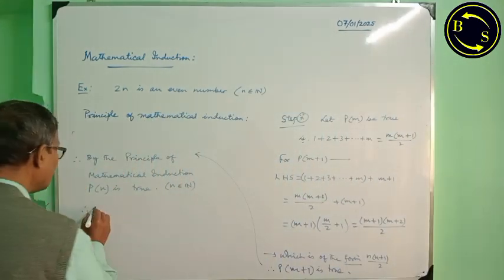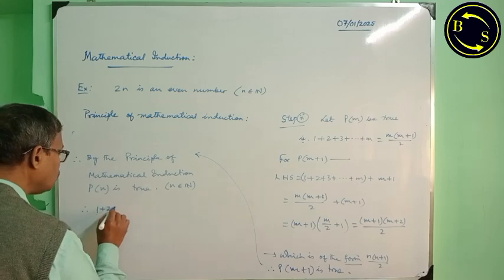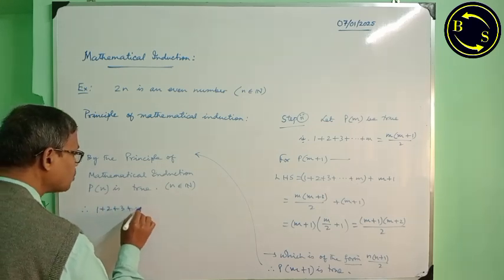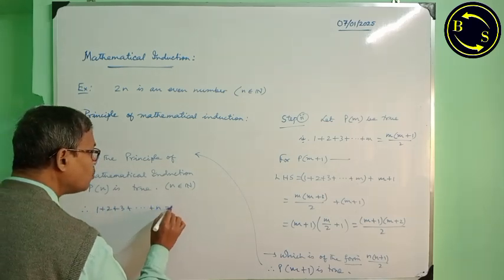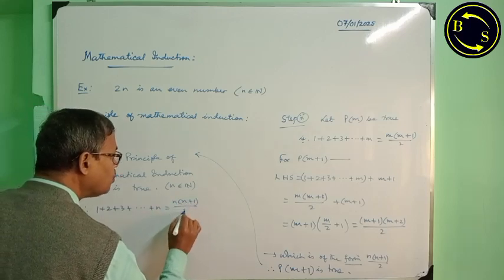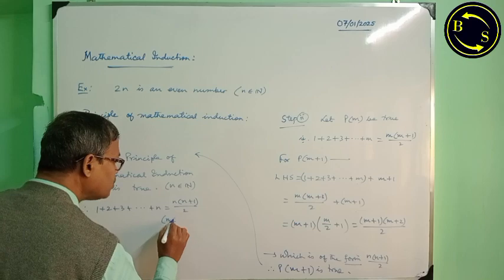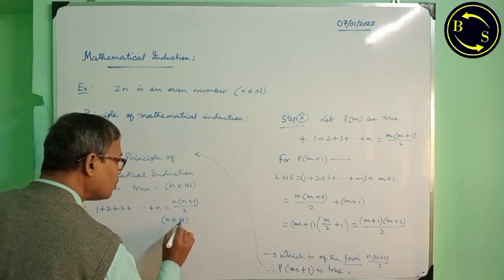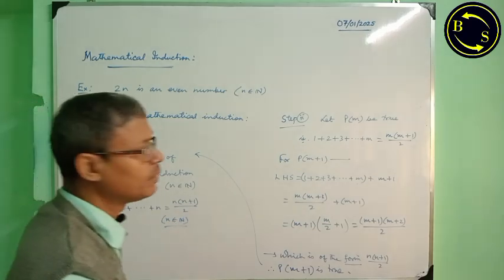Therefore, 1 plus 2 plus 3 plus up to n is equal to n into n plus 1 by 2. n is any natural number. Therefore, the sum is solved.